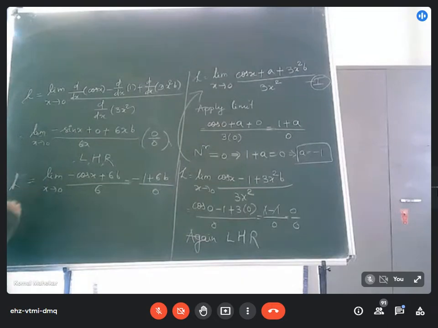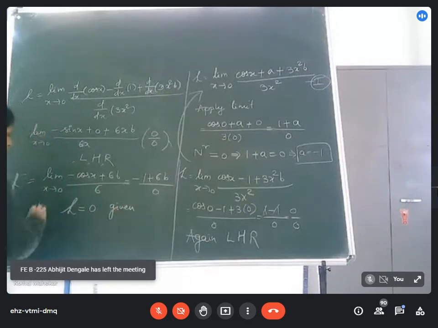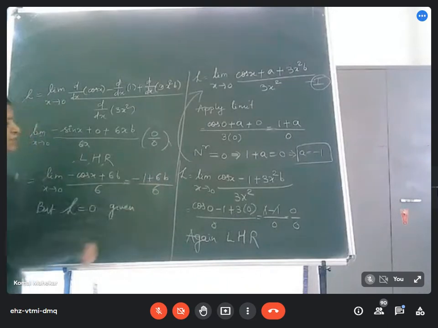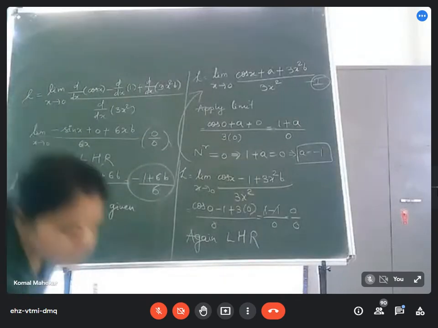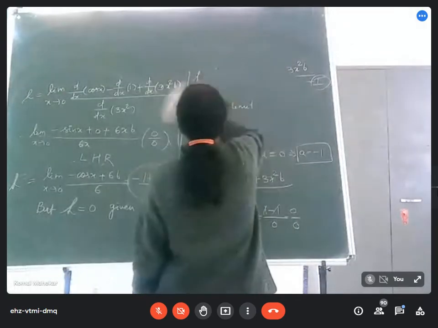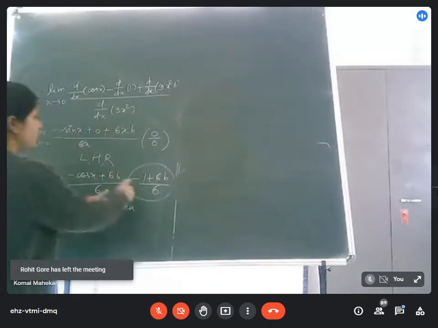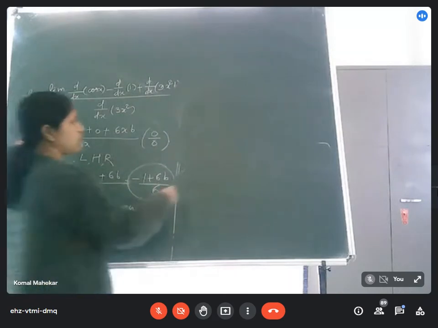This is equal to L, but the limit L is given as 0 in the problem. So we equate the right hand side, minus 1 plus 6b upon 6, with 0, because the limit 0 is given to you.